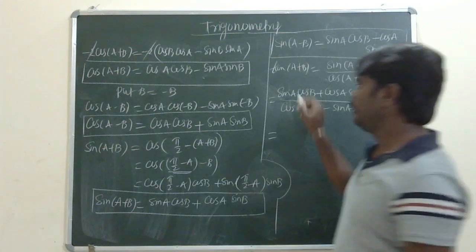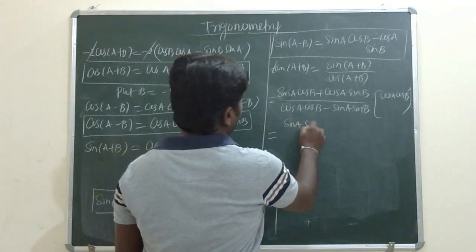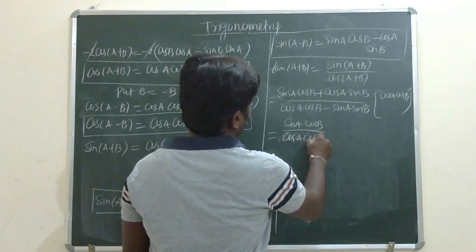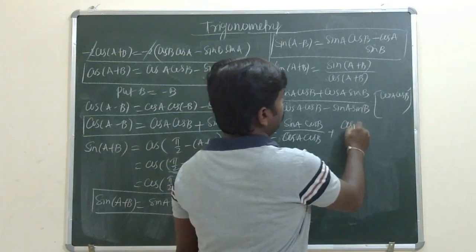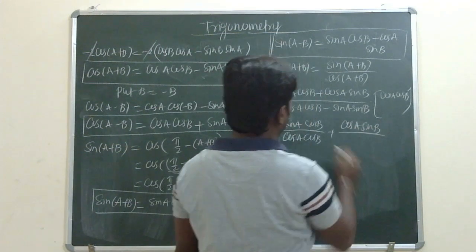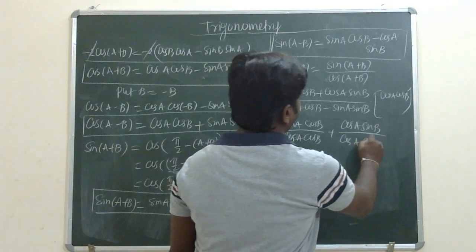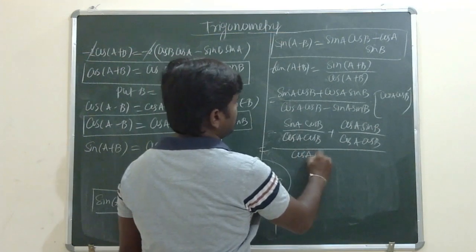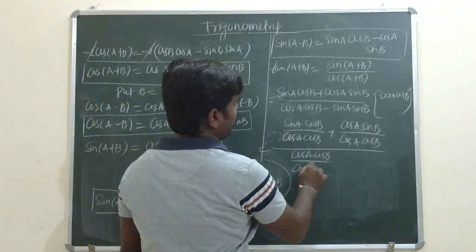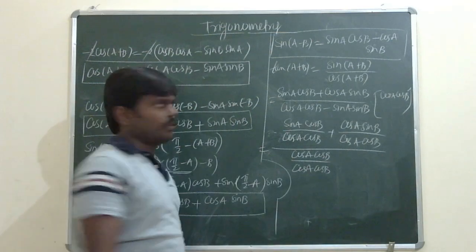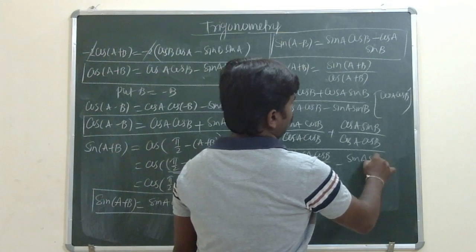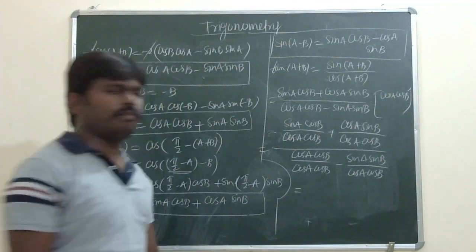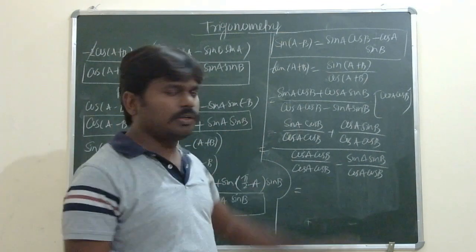When you divide both the numerator and denominator by cos a cos b, applying this to the individual terms of the numerator and also the denominator, we get cos a cos b divided by cos a cos b, and minus sin a sin b divided by cos a cos b. Why are we dividing by cos a cos b? To get all the terms in terms of tan.